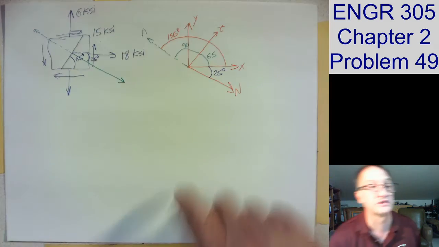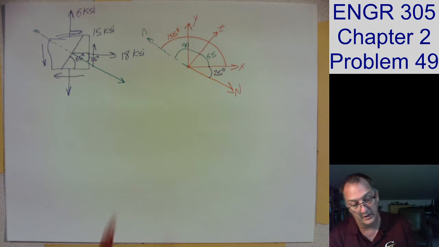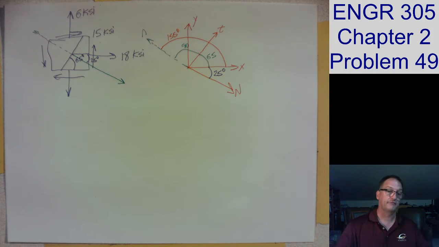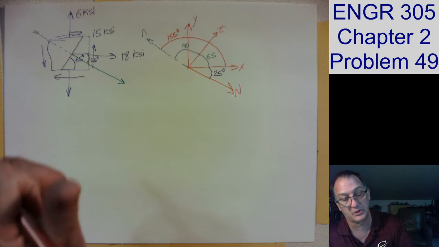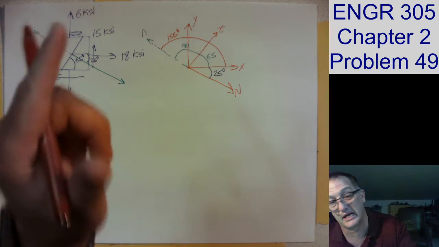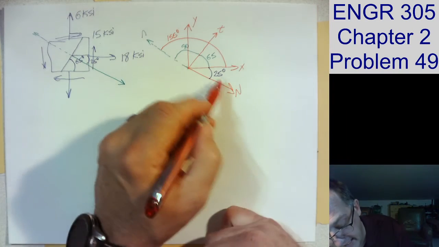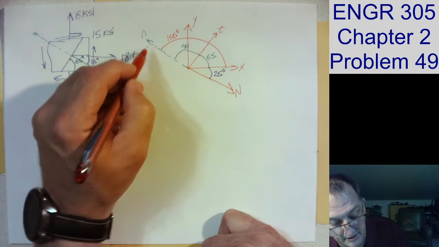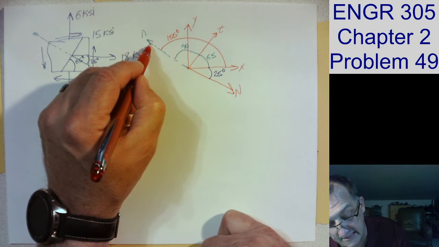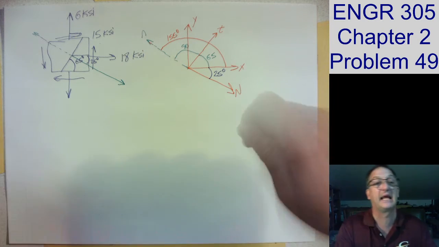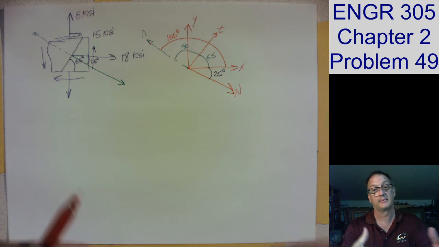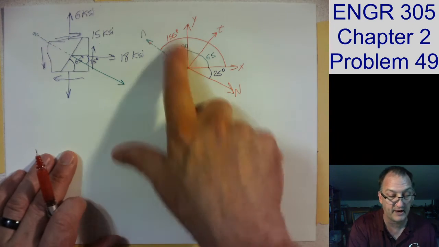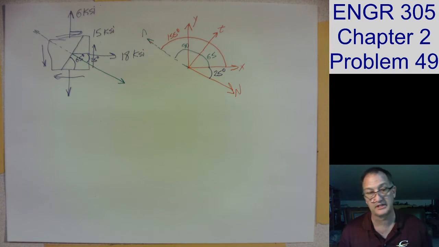And either one of those angles would work. If you recall from the lecture, I work with cosine squared. Well, it doesn't matter what the sine is. Sine squared, doesn't matter what the sine is. And in this quadrant, cosine is positive, sine is negative. In this quadrant, sine is positive, cosine is negative. And so either way, I'm going to get a negative when I look at that term on the shear stress. So it doesn't make a difference. Either 25 or 155, you'll get the same answers.